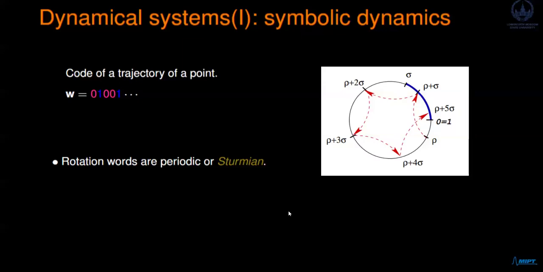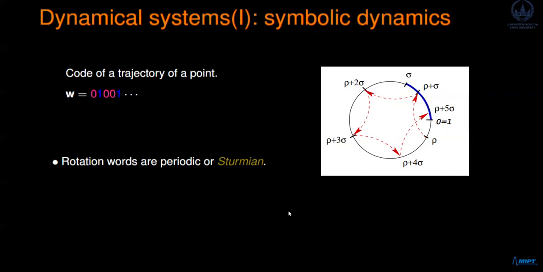In this part, of course, we'll explore the connection between dynamical systems and symbolic dynamics, where we describe the trajectory of a point through a code of symbols.